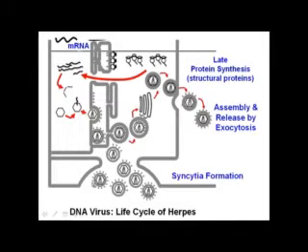So, herpes virus is actually a little bit unique in the fact that it assembles in the nucleus. Most viral agents will assemble in the cytoplasm and then leave from the host cell. Herpes viruses actually assemble in the nucleus. So the structural proteins that are made in the cytoplasm have to find their way back into the nucleus, and they will begin to assemble.